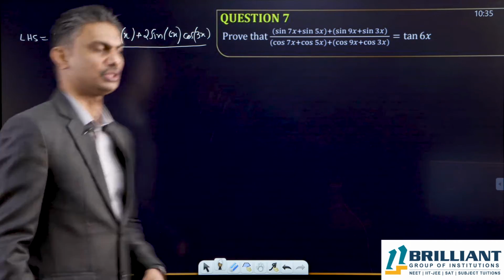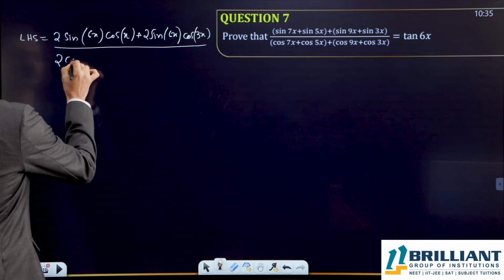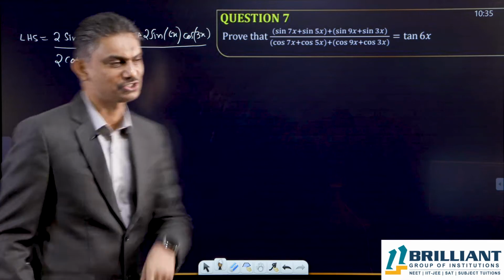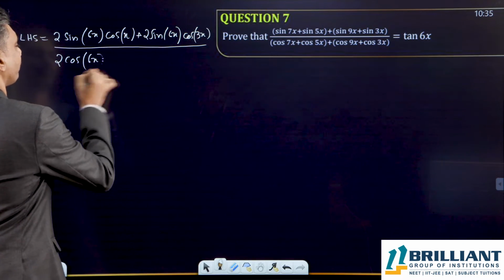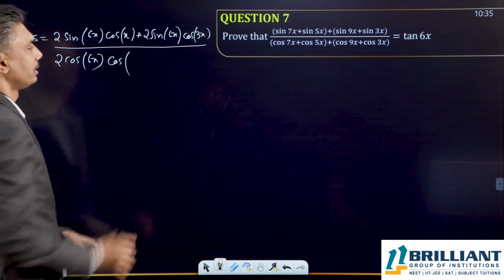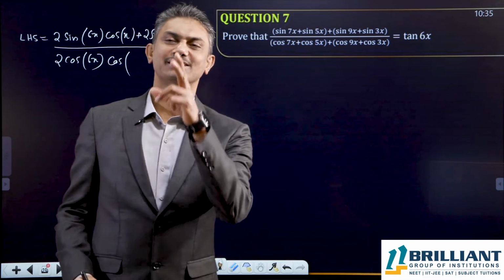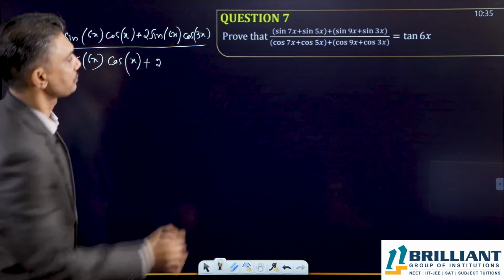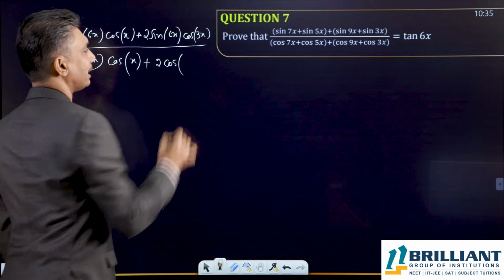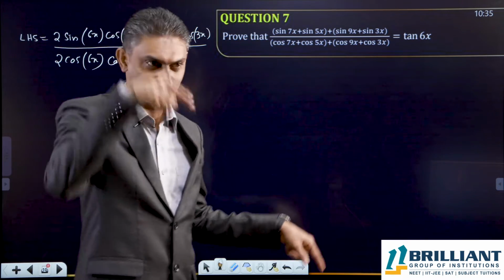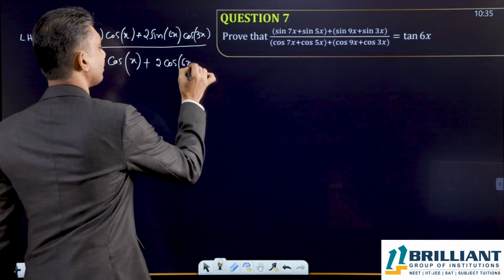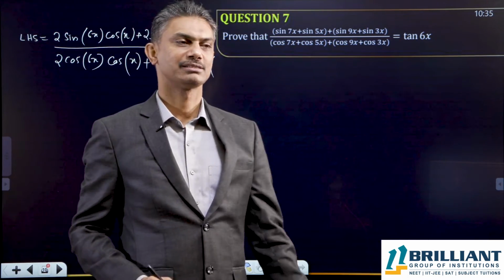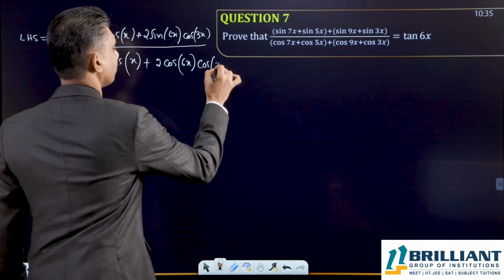What is 2 cos? 2 cos (7x plus 5x), 12x by 2, 6x, into cos (7x minus 5x), 2x by 2, x, plus again 2 cos (9x plus 3x), 12x by 2, 6x, into cos again (9x minus 3x), 6x by 2, 3x.